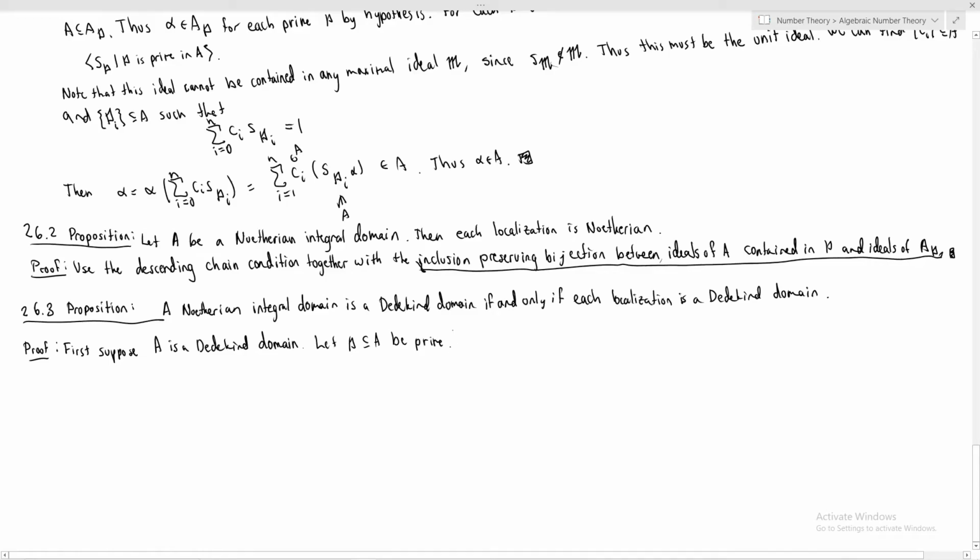By 26.1 and 26.2, A is integrally closed and Noetherian, so A localized at P is integrally closed and Noetherian.